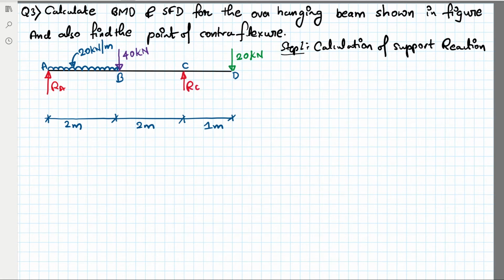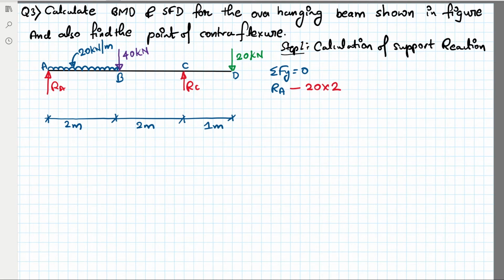So the first equilibrium condition is the summation of vertical forces equal to 0. RA is acting upward, I will take it as positive. Then we have a UDL of 20 kilonewton per meter. To consider the total intensity, I multiply the load with the distance over which it acts. It is acting downward, so I take minus 20 into 2, since it acts for a distance of 2 meter.